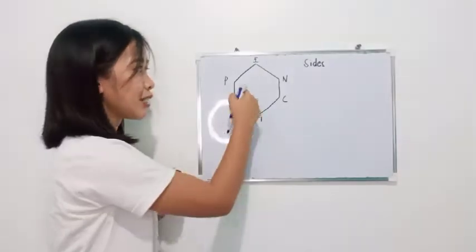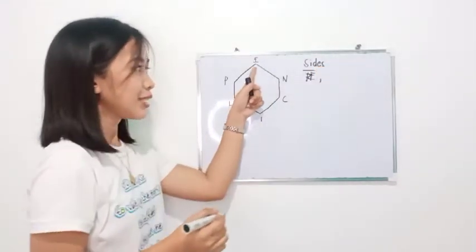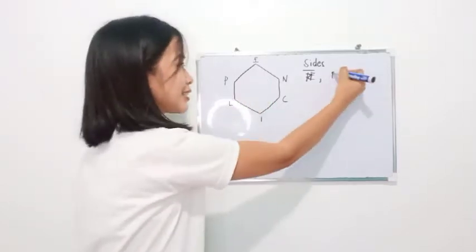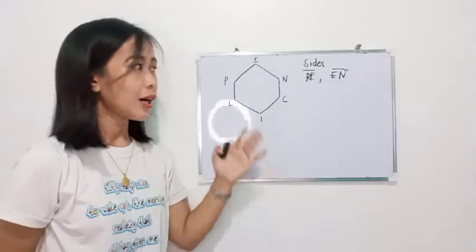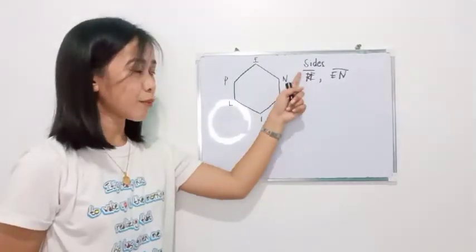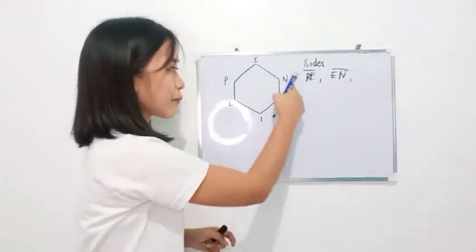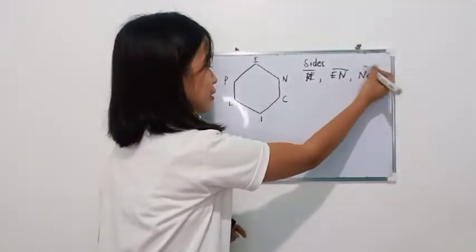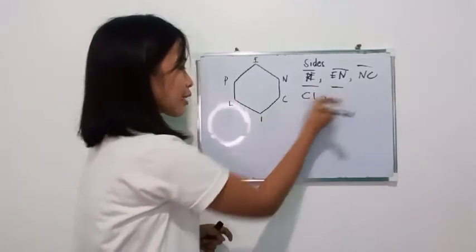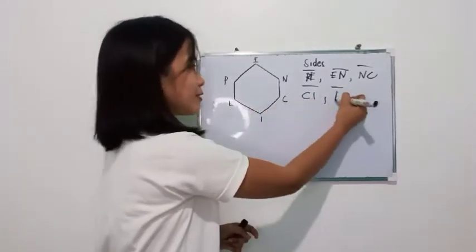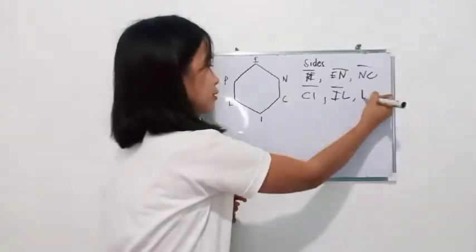We have the side PE, side EN. This is how you write a segment: segment PE, segment EN, segment NC, segment CI, segment IL, segment LP.